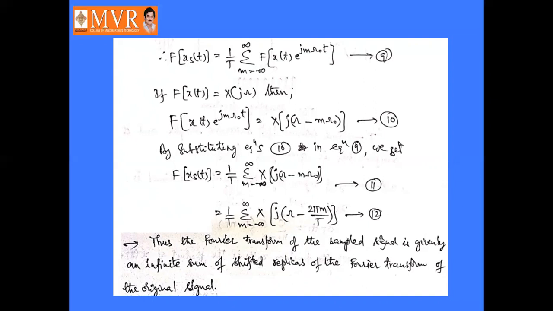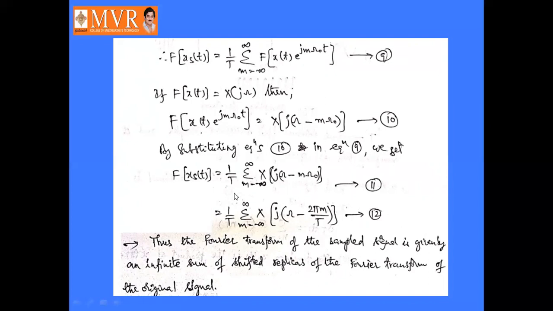Thus, the Fourier transform of the sampled signal is given by an infinite sum of shifted replicas of the Fourier transform of the original signal. So, an infinite sum of shifted replicas. These are the shifted replicas of the Fourier transform of the original signal.